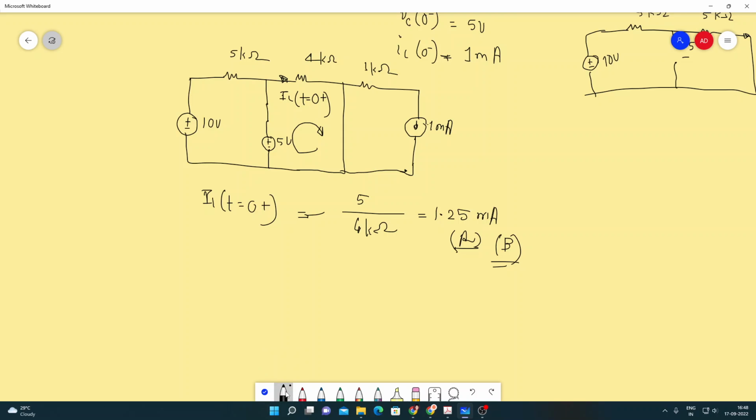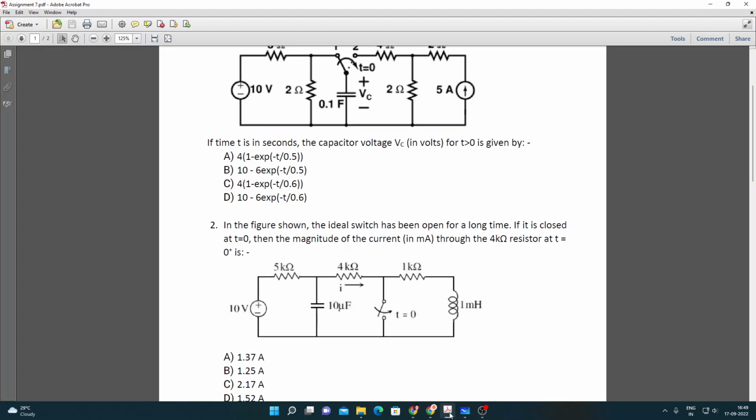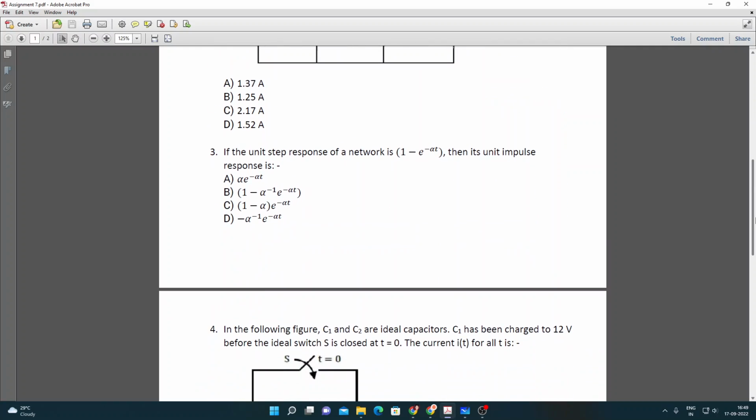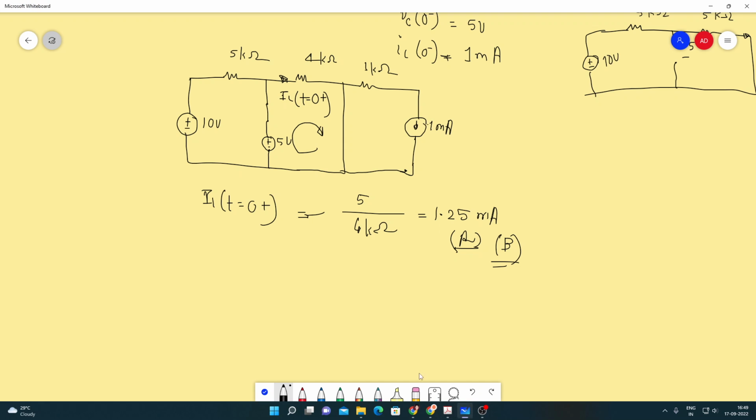Next problem. If the unit step response of a network is 1 minus e to the power minus alpha t, then its unit impulse response is. So it's also again an easy problem.